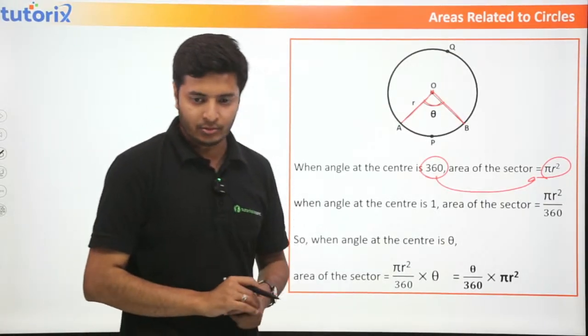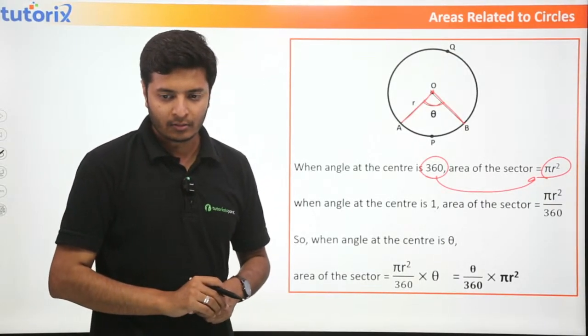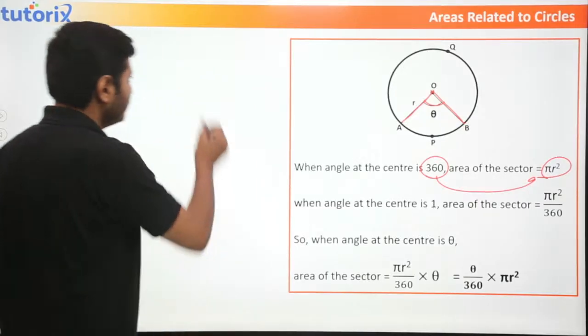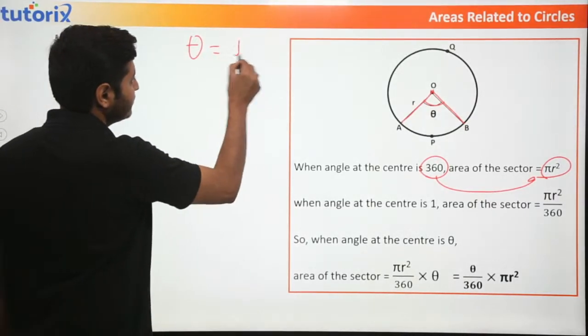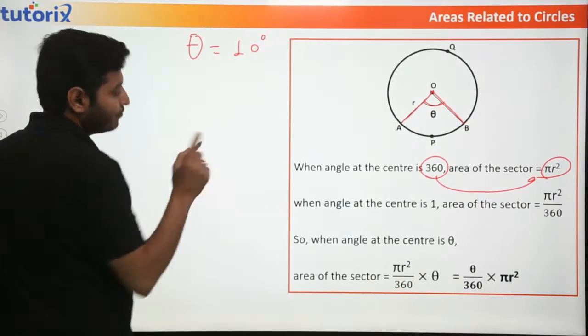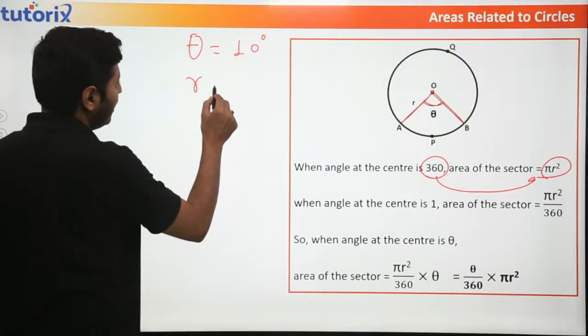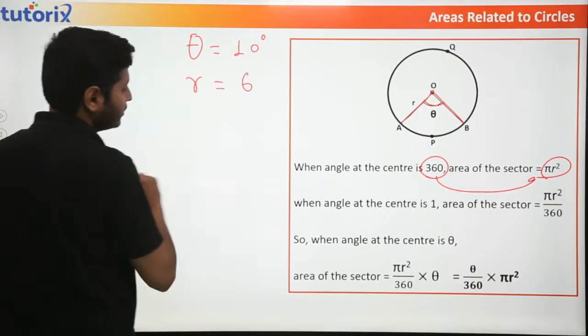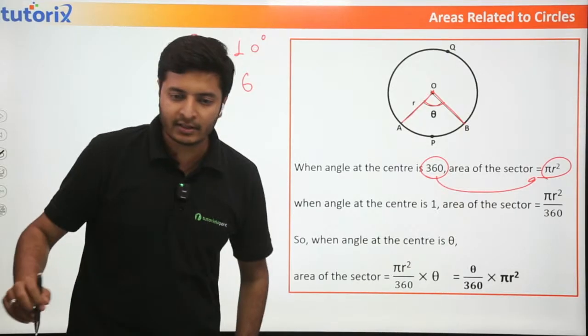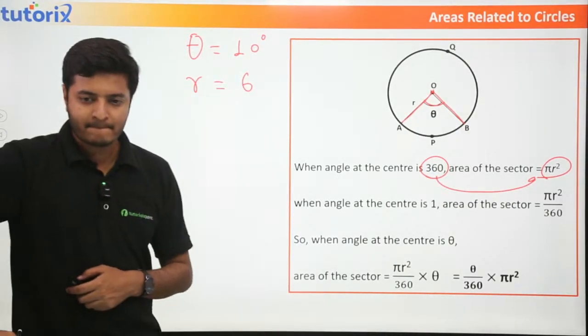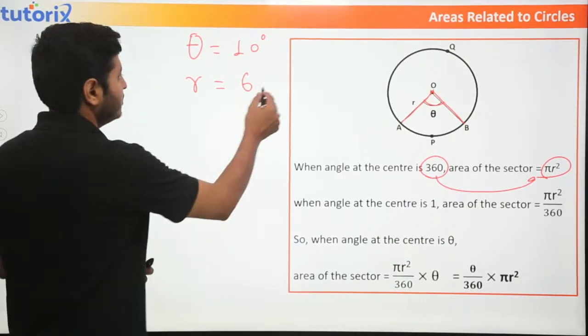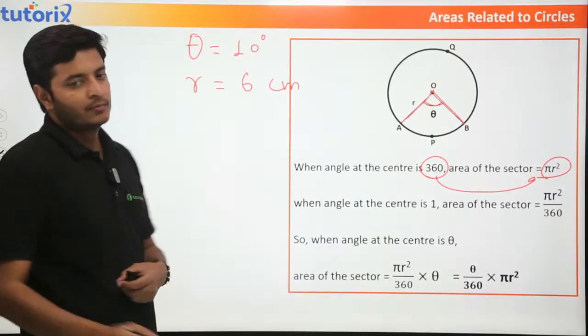Correct? Suppose theta is 10 degrees and r is 6. Can you find the area of this sector? Centimeter, na? Unit.